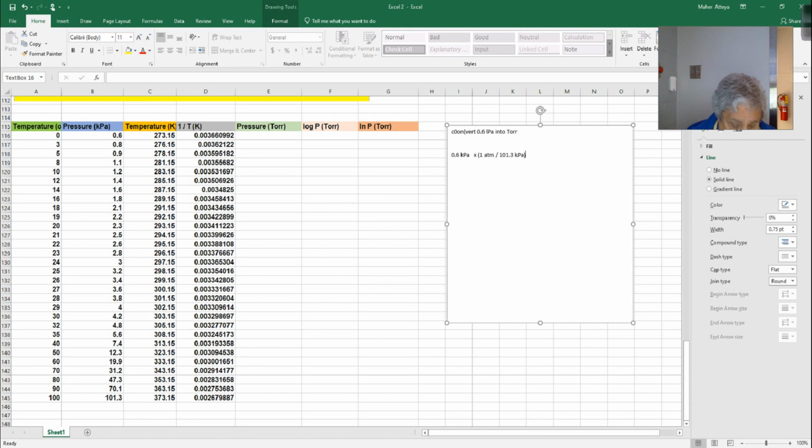Now I say multiply by, open parentheses, 760 torr. I have 760 torr in what? In 1 ATM, in 1 atmospheric pressure. Close, guys, and that's our answer, correct?